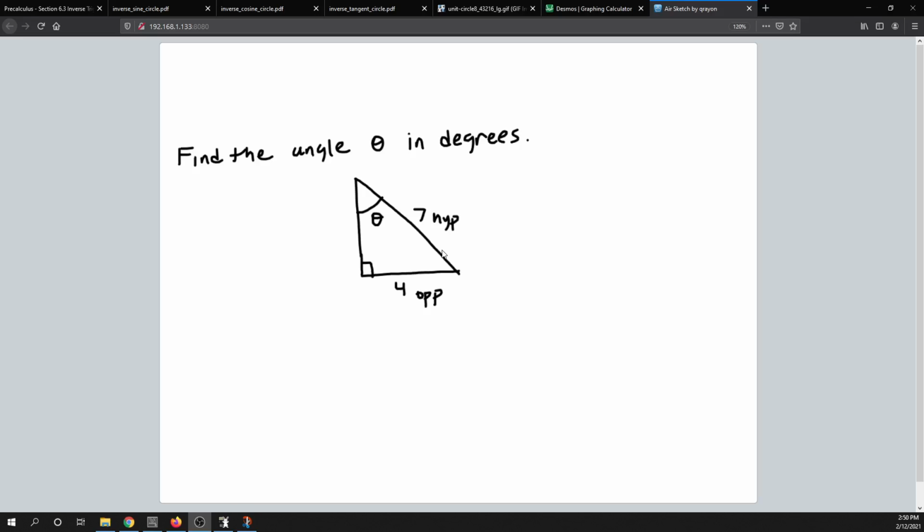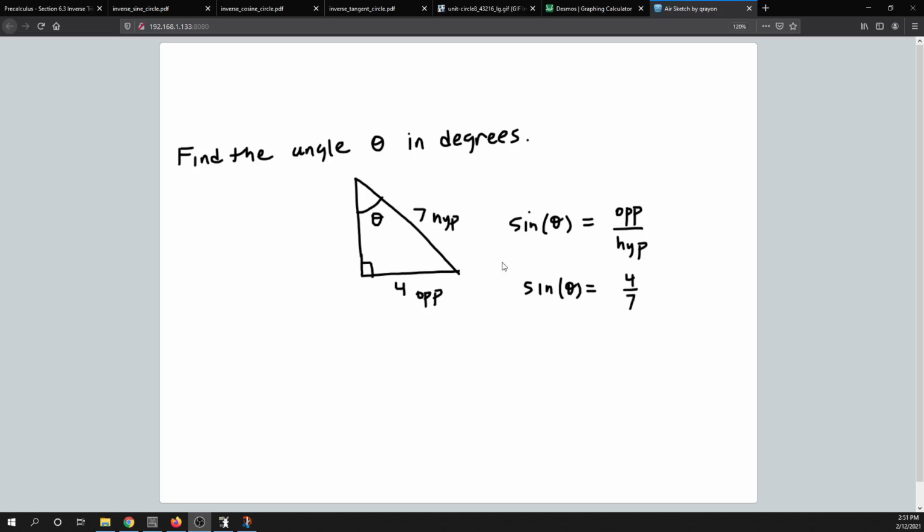And so we think about one of the trigonometric functions that relates the opposite and the hypotenuse, and that is sine, which is the easiest one to use. And so we know that the sine is the opposite over the hypotenuse. So the sine of theta is equal to 4 over 7.